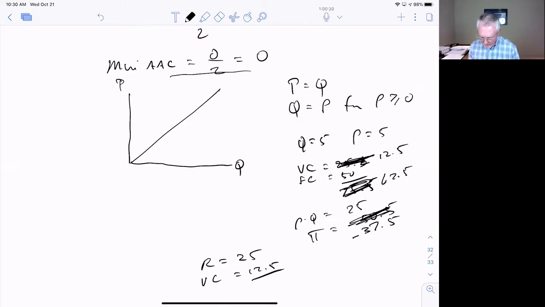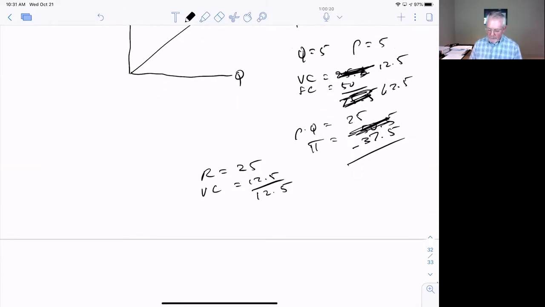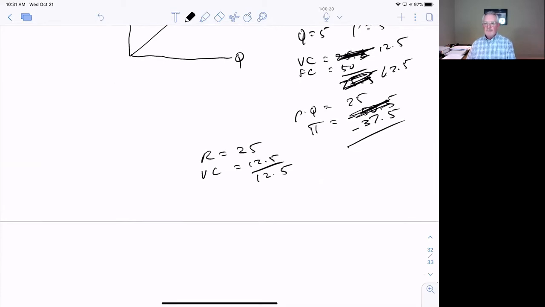So he's at least making 12.5 by operating that he can use to offset his $50 in fixed costs. So that's why he would operate. Even though he's losing money, he loses less money by operating in this scenario than by shutting down.